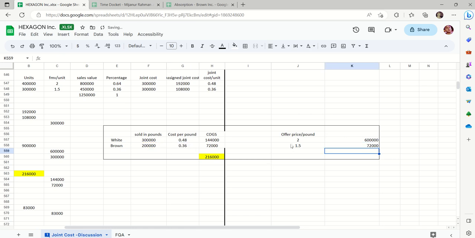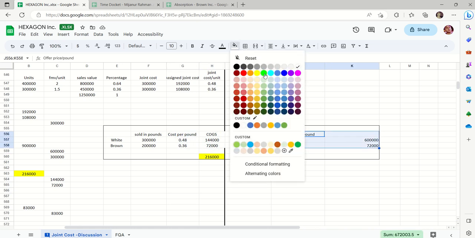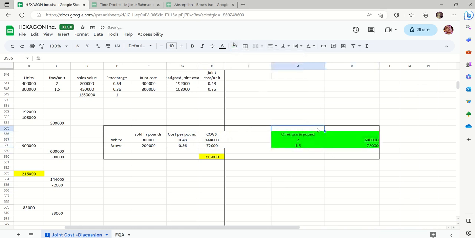Right? These two things are different. This highlighted in green is your sales, and this is your cost of goods sold. Cost of goods sold. Okay.